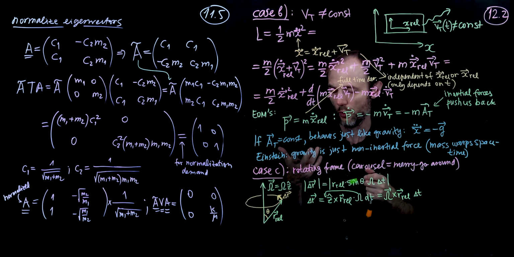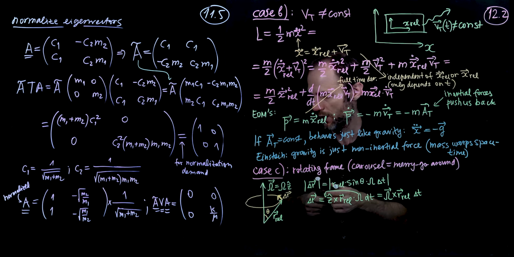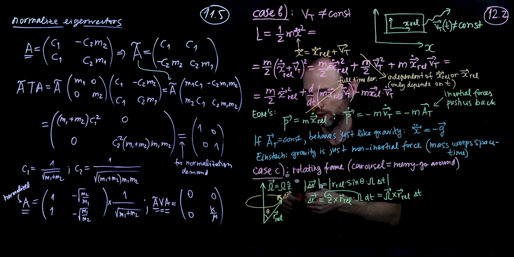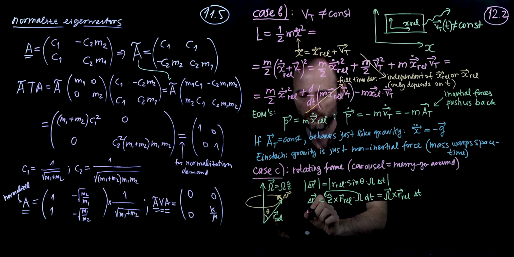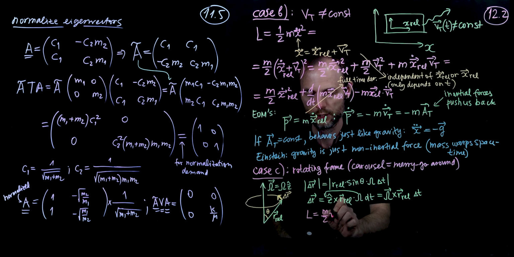So from the point of view of the inertial frame, our Lagrangian is L equal to m over 2 times v squared.